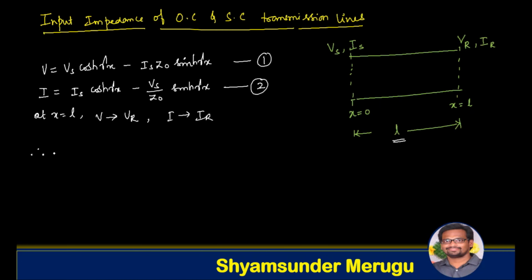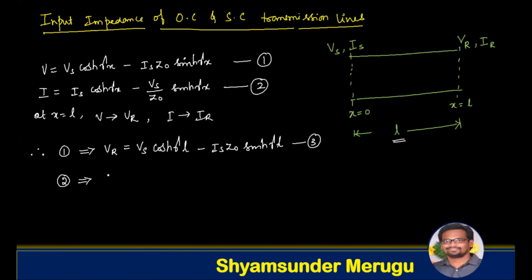Therefore equation 1 becomes VR equals Vs cosh gamma L minus Is Z0 sinh gamma L, since x becomes L. Let us consider this one as equation 3, and equation 2 becomes IR equals Is cosh gamma L minus Vs over Z0 sinh gamma L. Let us consider this one as equation 4.